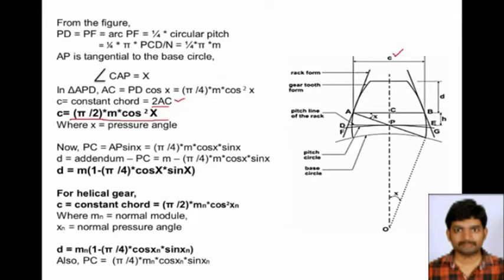So this is the constant chord C. So C equal to pi by 2 m cos square x, where x is the pressure angle and m is the module. And now similarly we can derive for D. So D is addendum minus PC. So the expression of D is equal to m of 1 minus pi by 4 into cos x sin x.